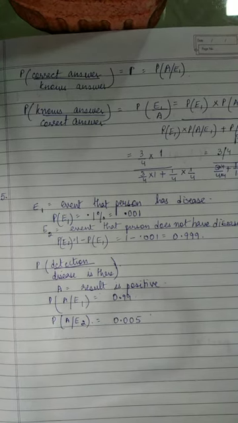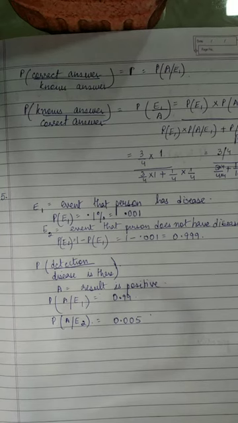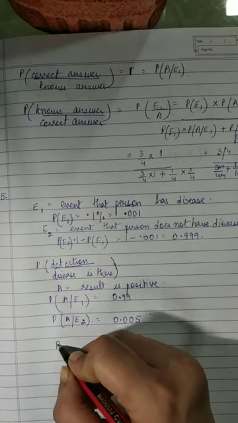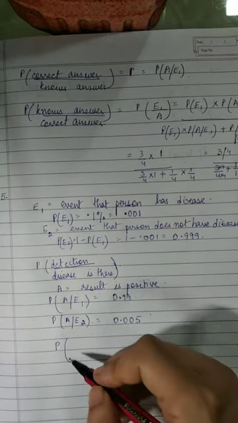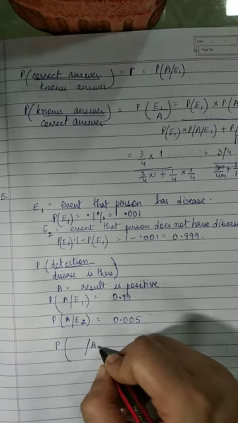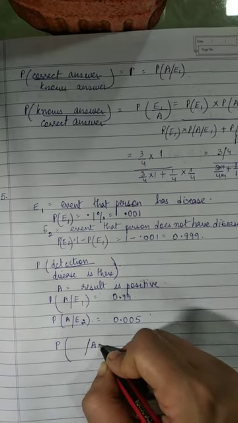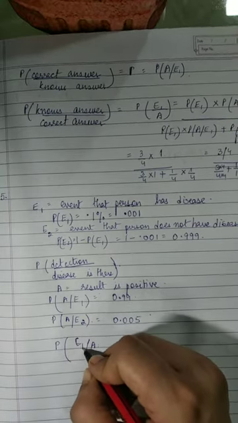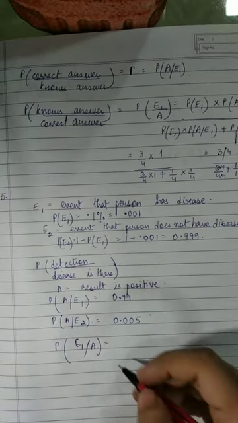Now we need to find out the probability that the person has the disease given that his test result is positive. So test result is positive. This means A is the condition here, right? And the person has a disease. This means we are supposed to find out P(E1|A).